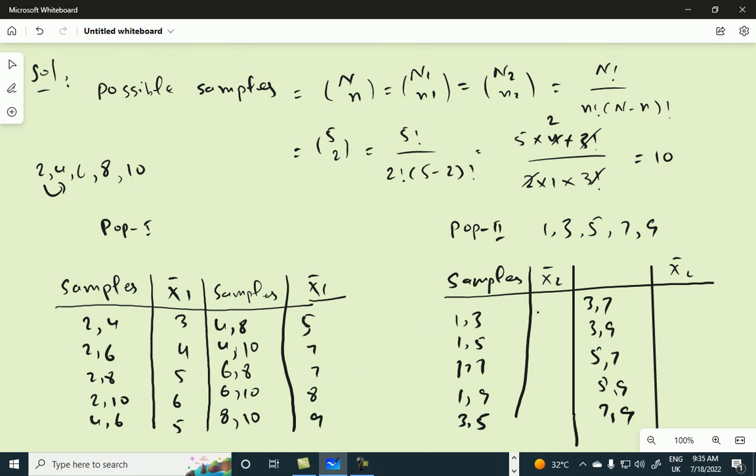The averages of the population 2 samples are 2, 3, 4, 5, 4, 5, 6, 6, 7 and 8. So, these are all the possible samples in the case of sampling without replacement from the two populations.